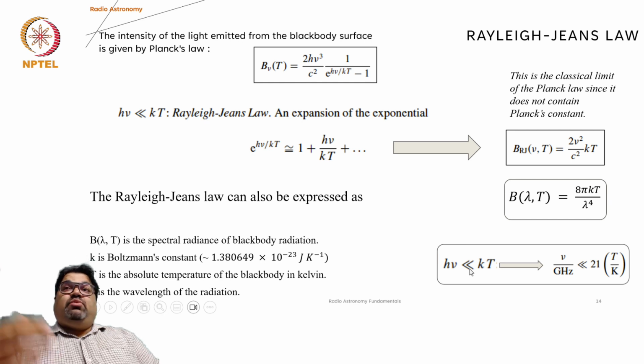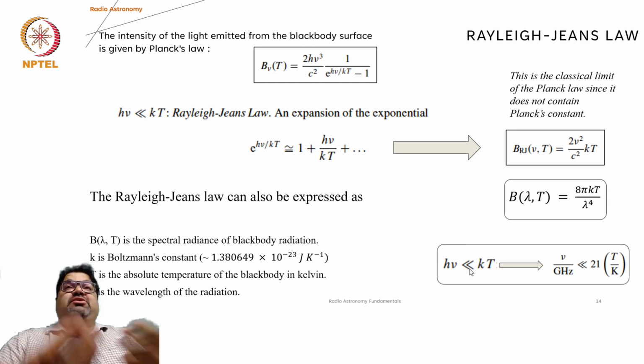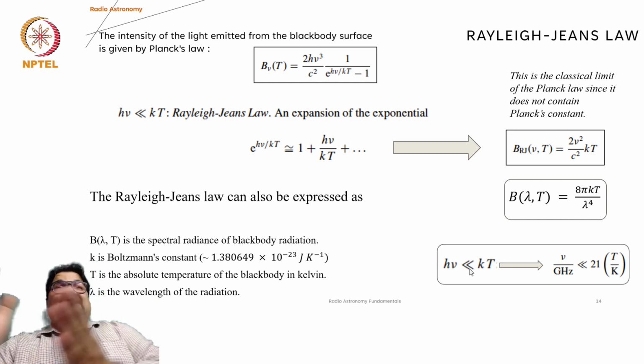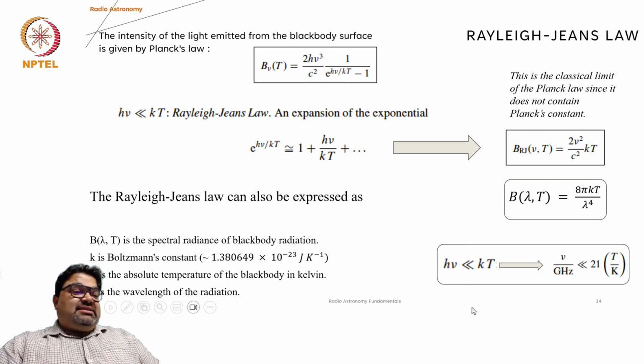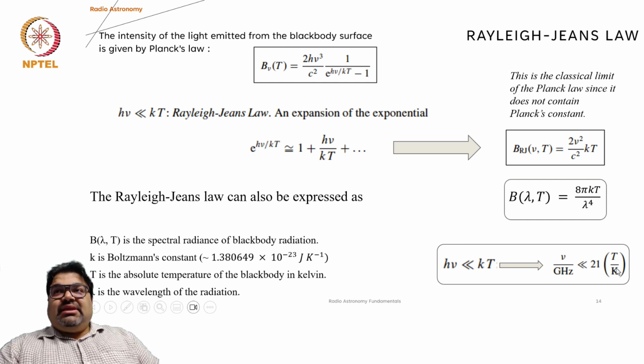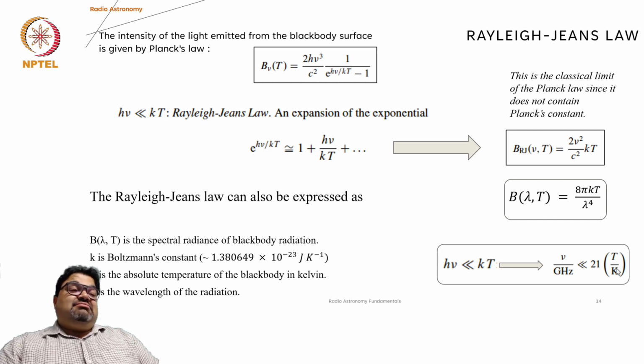What wavelengths or frequencies qualify to be in the Rayleigh-Jeans limit and what don't? That is a very powerful number for observers: h nu over kT finally translates into nu in gigahertz being less than 21 times T, with T in Kelvin. That's the number you look for.